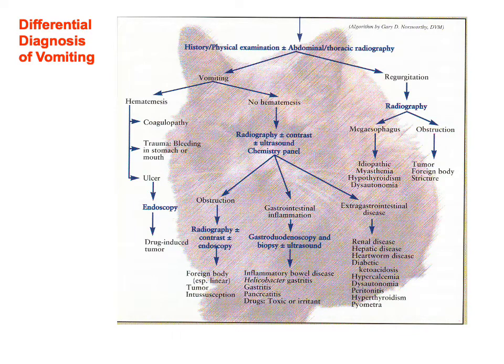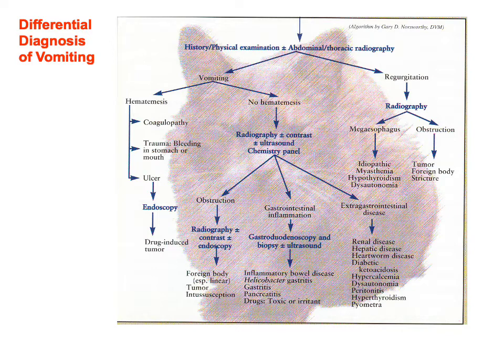In the latter case, we once more need radiography, many times also using contrast and also ultrasound, together with the whole chemical panel to see the differences. For the hematemesis, we also have different possibilities: coagulopathy, trauma, and ulcer.